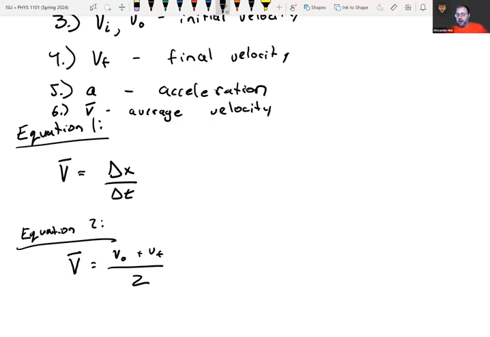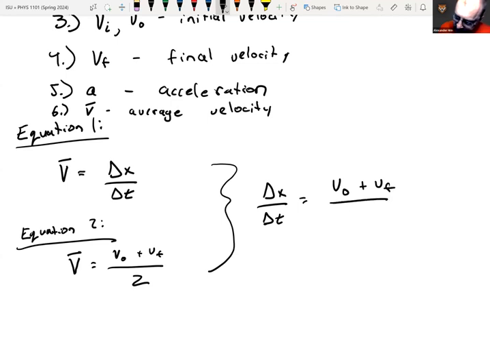This is quite an important relationship. And really, the important equation is kind of a combination of these two. But I wanted to define it. Delta x over delta t can be written as V naught plus VF over 2. Okay.